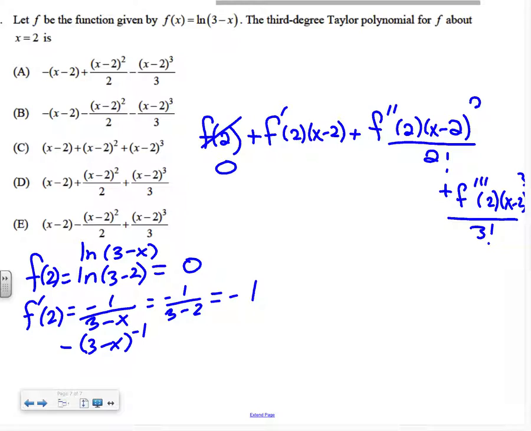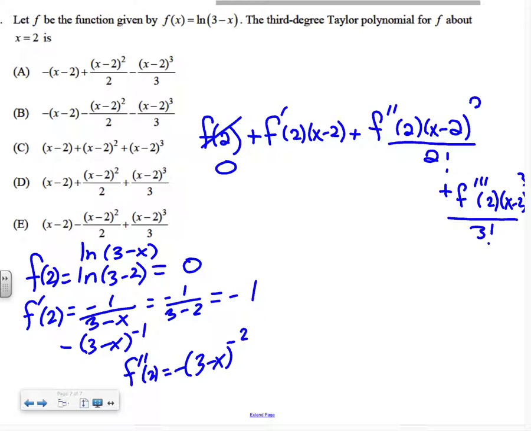How many derivatives do I need? 3. So f double prime would be 1 over 3 minus x squared. We'll write it as 3 minus x to the negative 2. You're on the inside though, so it's negative, but it was negative before, so they cancel out.